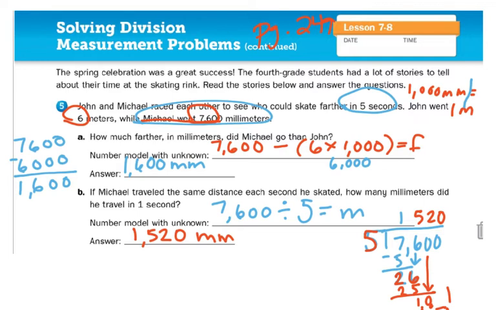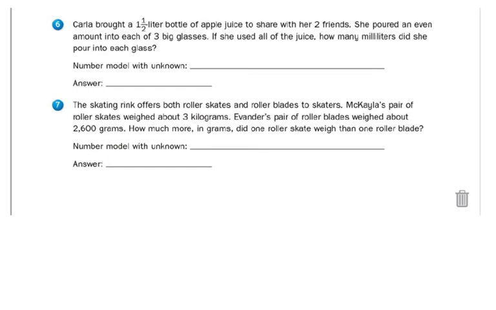Let's continue to number 6. Carla brought a 1.5 liter bottle of apple juice to share with her 2 friends. She poured an even amount into each of the 3 big glasses. If she used all the juice, how many milliliters did she pour into each glass?